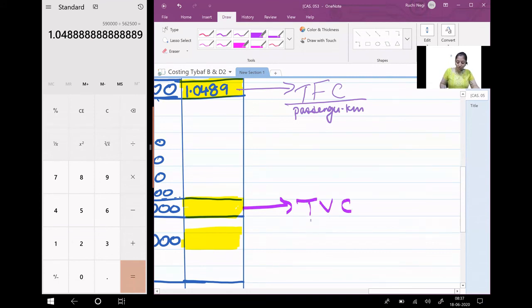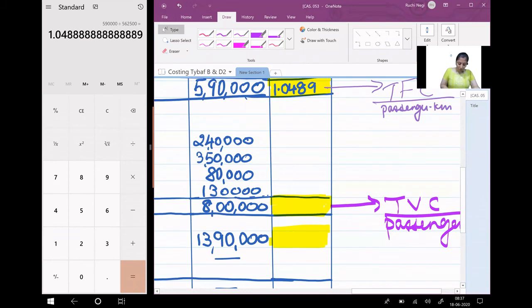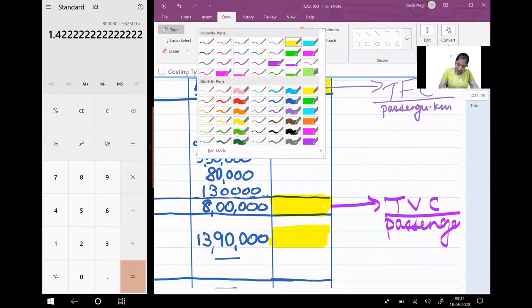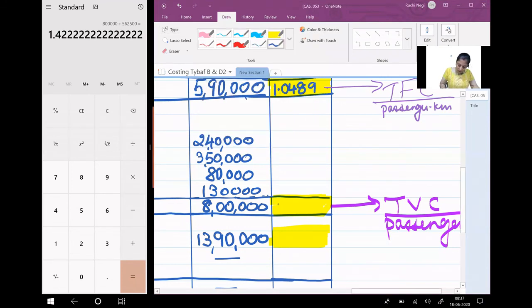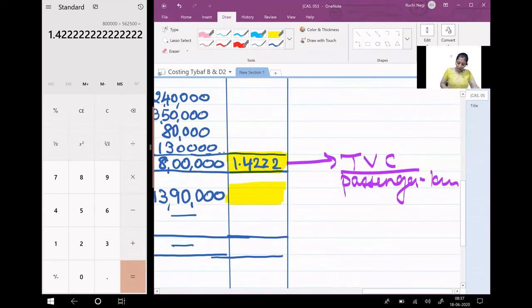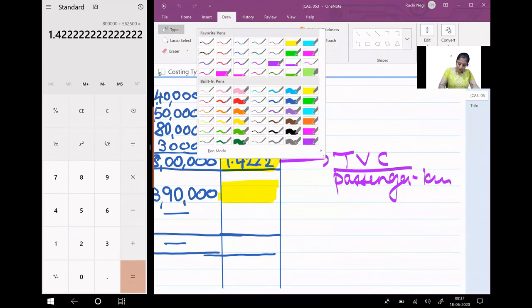Total variable cost divided by passenger kilometer. The denominator will be the same, only the numerator will change. Clear? Okay. So 8 lakhs divided by 5,62,500. So my answer is 1.422. Again, as I told you, I will go up to 4 decimals for accuracy. 1.4222.